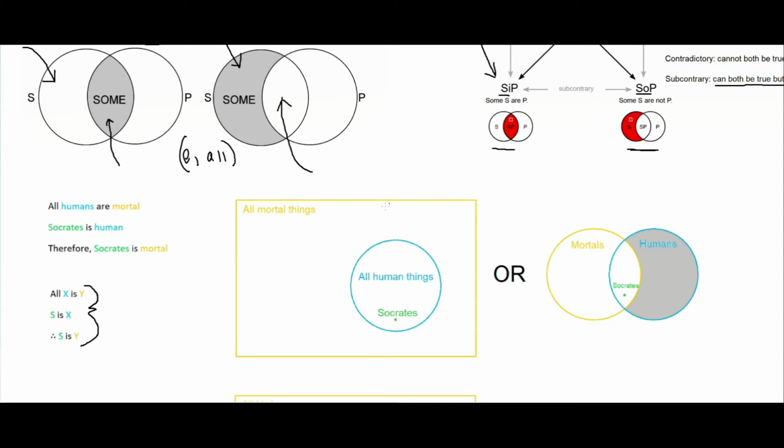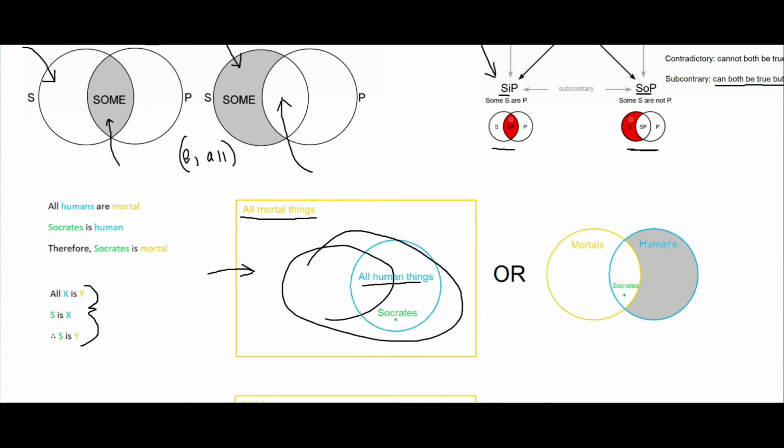We can see that pictorially. Inside this orange box is all things that are mortal, and a portion of that are humans, and they are all within the category of mortal things. Therefore, if Socrates is within this circle of all human things, then Socrates is necessarily within this realm of all the mortal things.